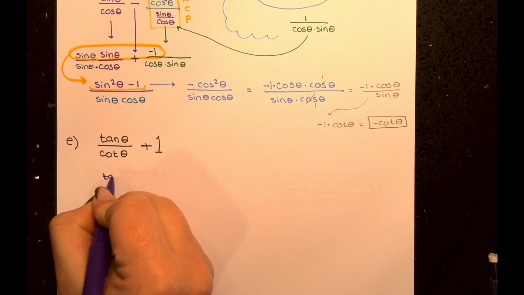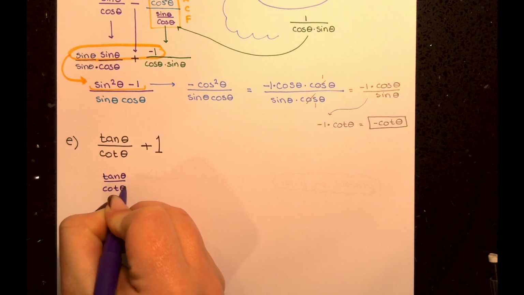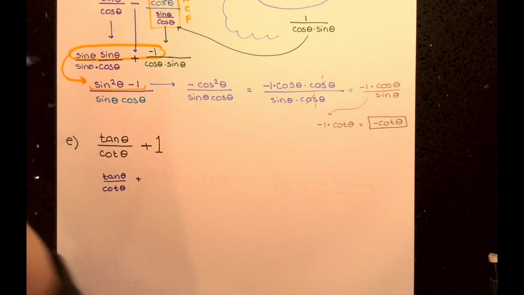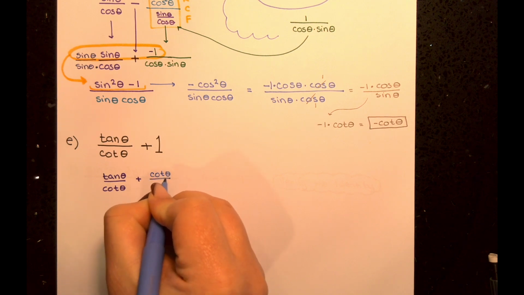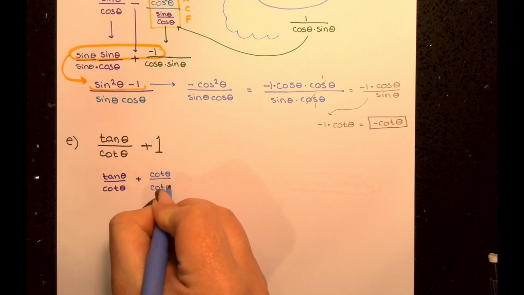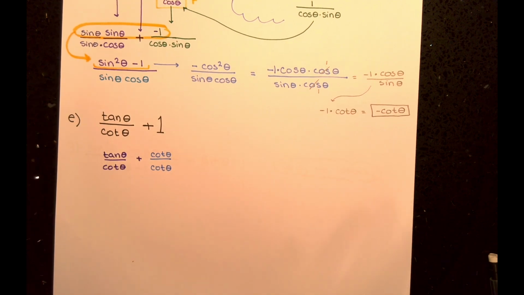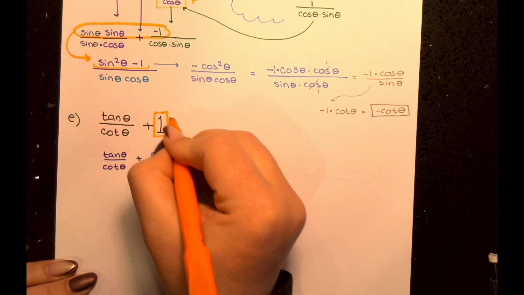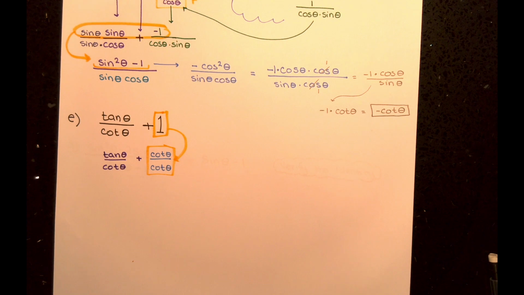I'm going to rewrite this as tangent of theta over cotangent. Now, because I have 1, I'm going to rewrite 1 as cotangent of theta over cotangent of theta. Now, why am I doing this? Because cotangent divided by cotangent is 1. It's the same thing on top and the bottom. So this 1 becomes this 1. Both are just 1.